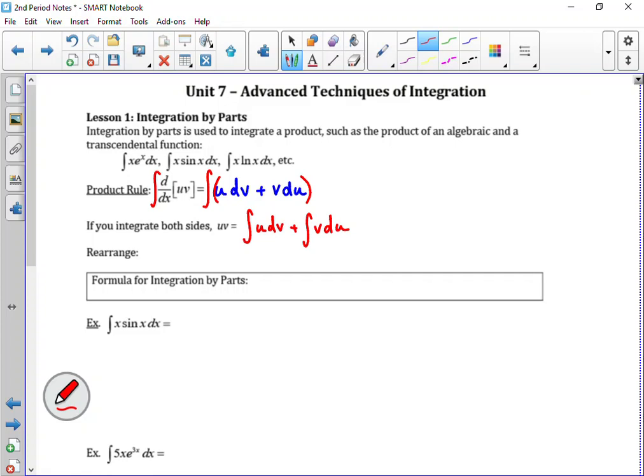All right, so we're going to rearrange it a little bit, and I'm going to solve for one of these integrals. It doesn't matter which one you solve for, but usually we solve for the first one, u dv. So if I solve for that, then my integral of u dv equals, what does it equal?